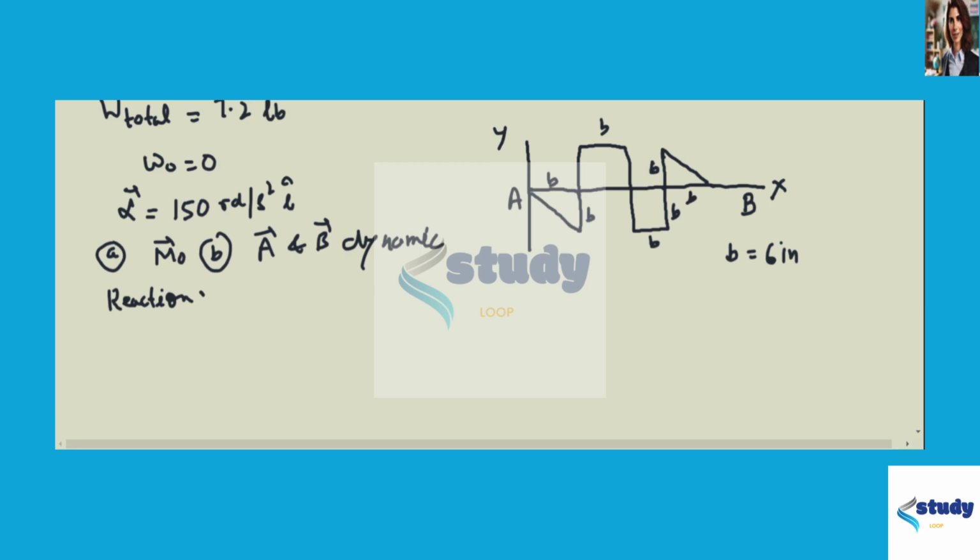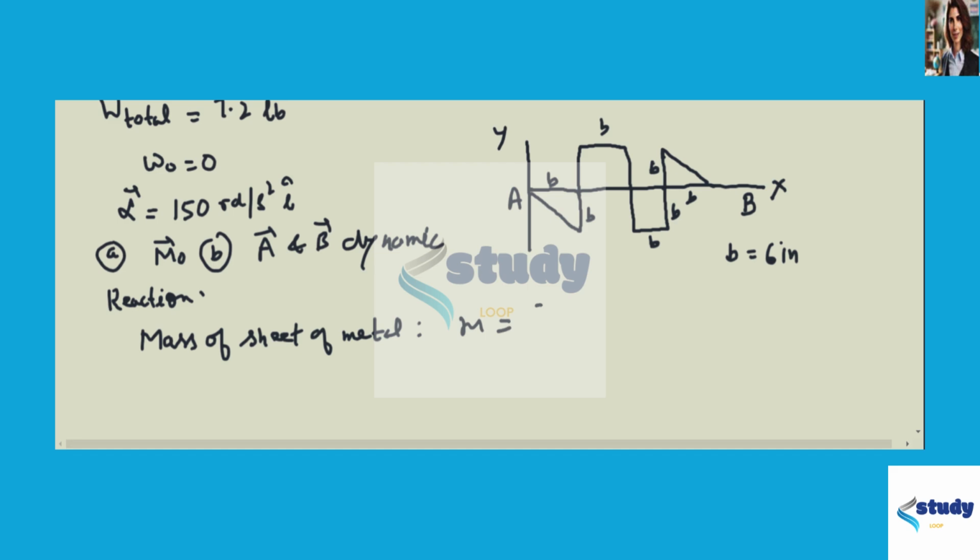Mass of each sheet metal. Total mass is given, so you may find the mass of the sheet metal aluminium.